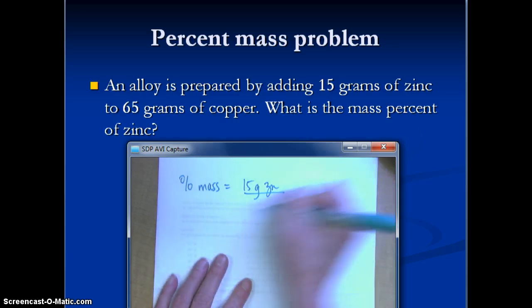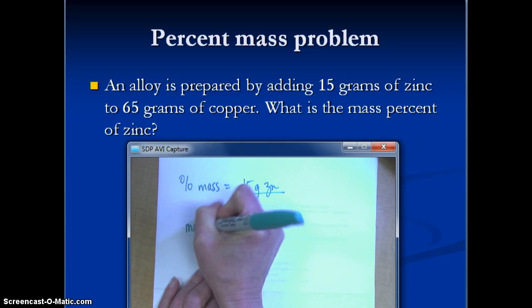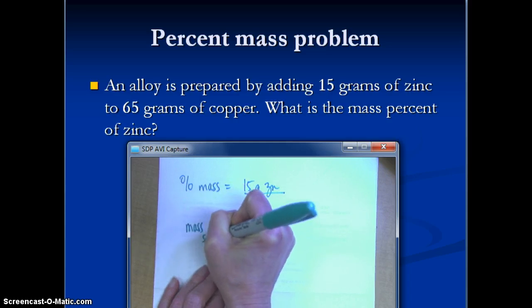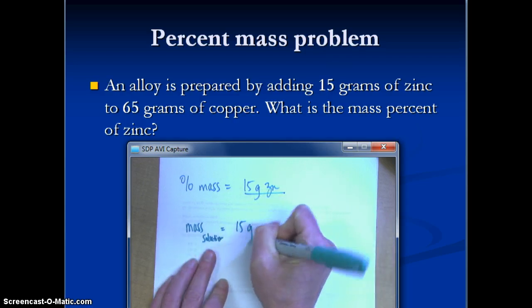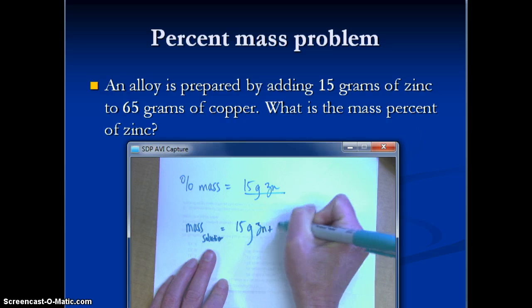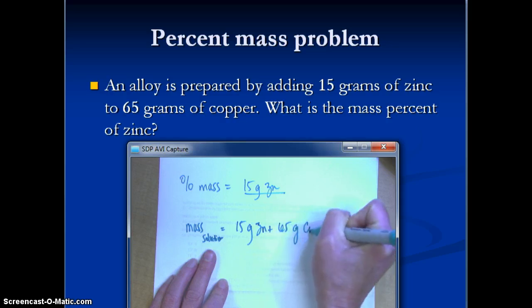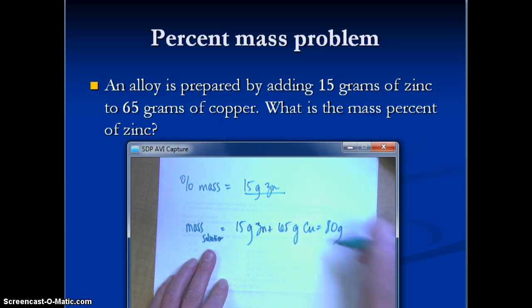And so the mass of the solution equals 15 grams of zinc plus 65 grams of copper equals 80 grams.